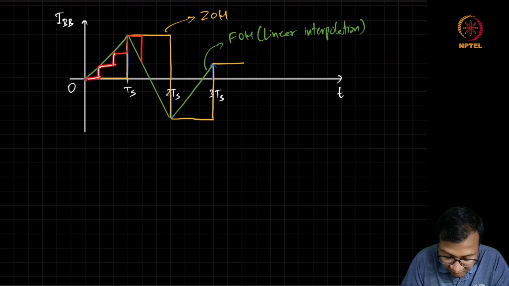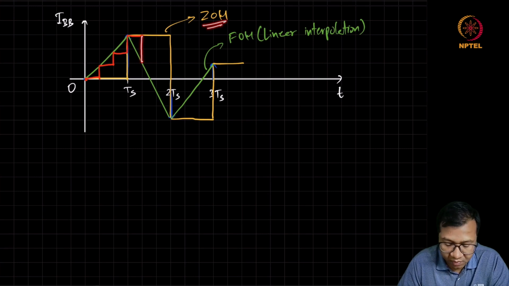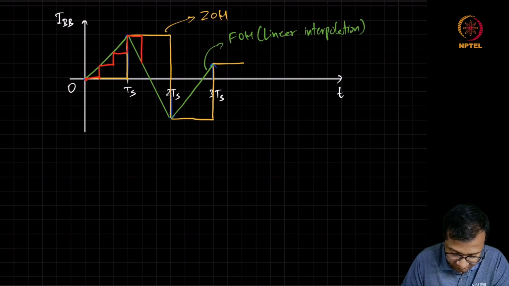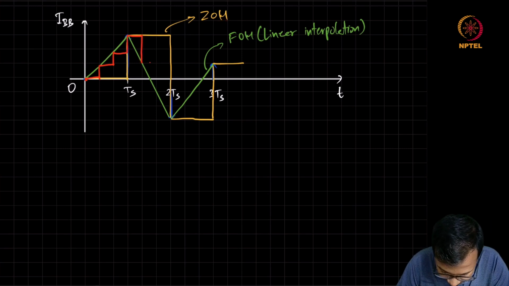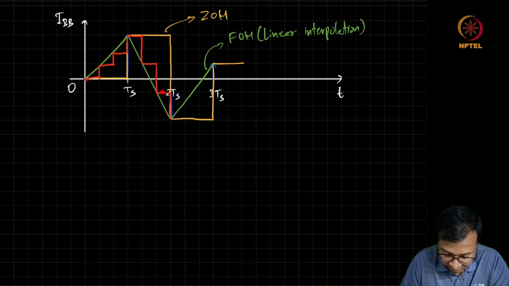If we are doing the interpolation in 3 steps, this jump is reduced to 1/3 of the total jump which we would have got in the case of zero order hold. And like this, finally we are going to reach the required output.